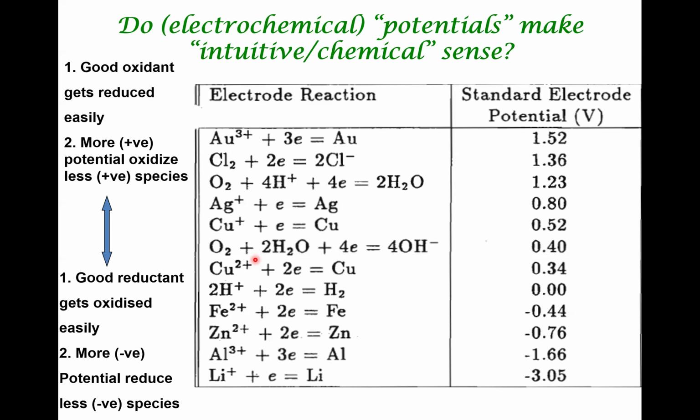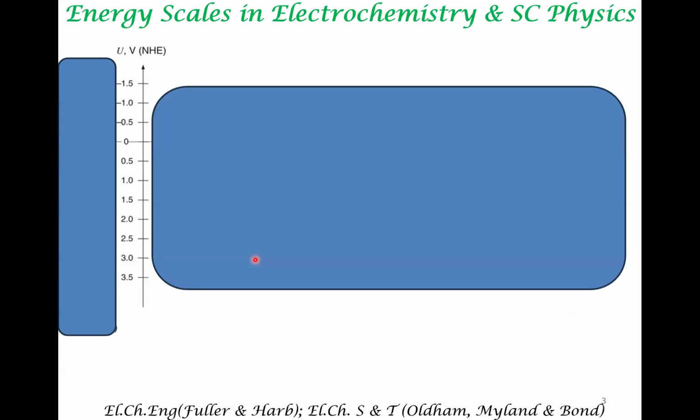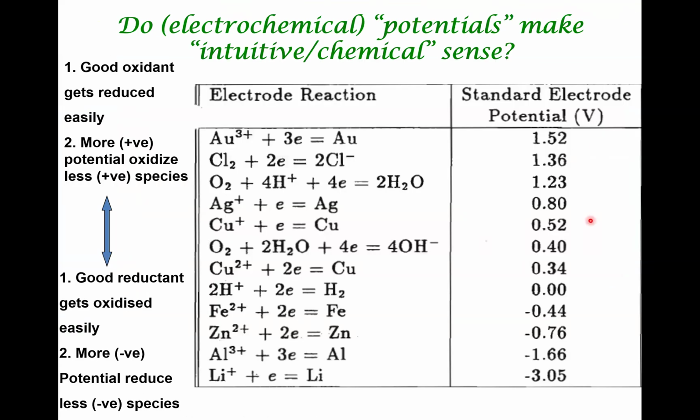You must have seen this from your high school chemistry itself. So let's see how to use these concepts when we are looking at semiconductor electrochemistry. The important thing to notice is when we talked about the energy scales in electrochemical systems, we talked about this using the standard hydrogen electrode, right?